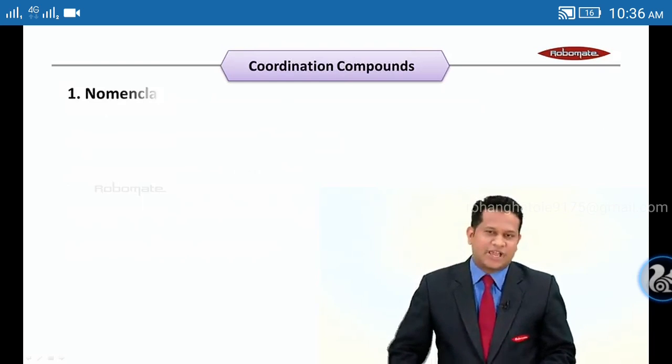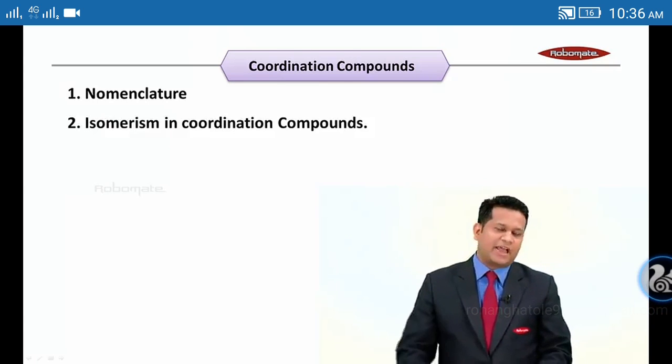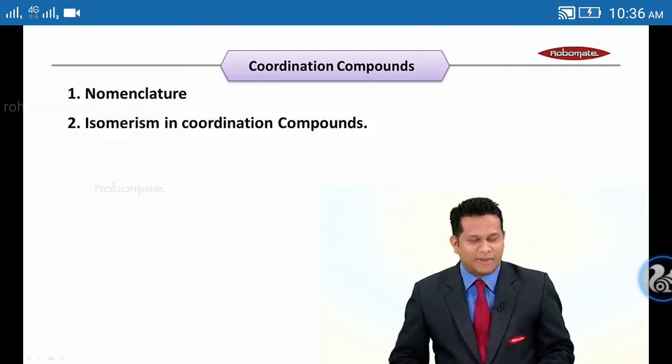The first important question from the chapter coordination compound itself is nomenclature, followed by isomerism in coordination compounds.